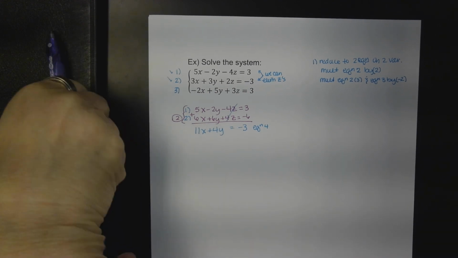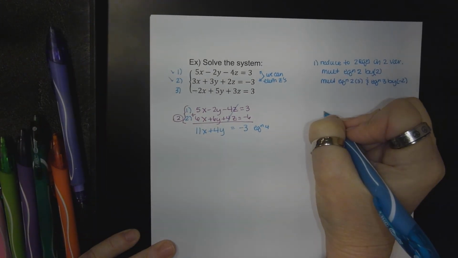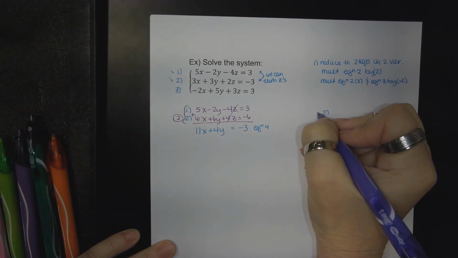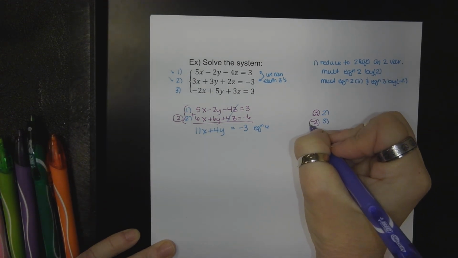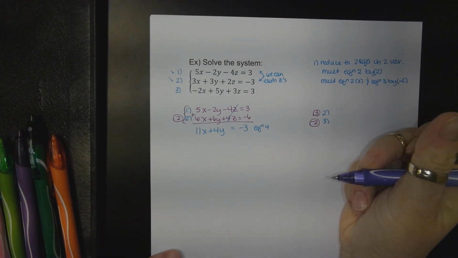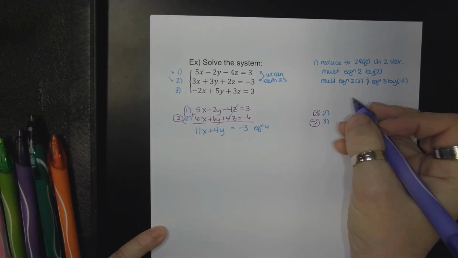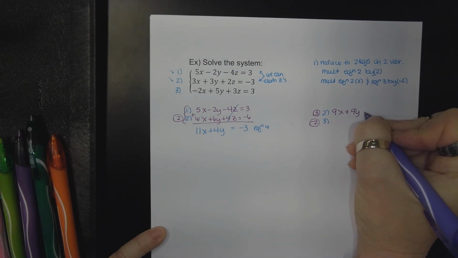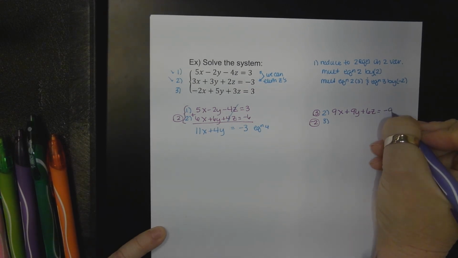So I'm going to use the same color. I'm going to step over here. I need to say 2 and 3. Now, 2 I multiplied by 3, and 3 I multiplied by negative 2. Okay? So 3 times this whole equation is going to give me 9x plus 9y plus 6z equals negative 9.